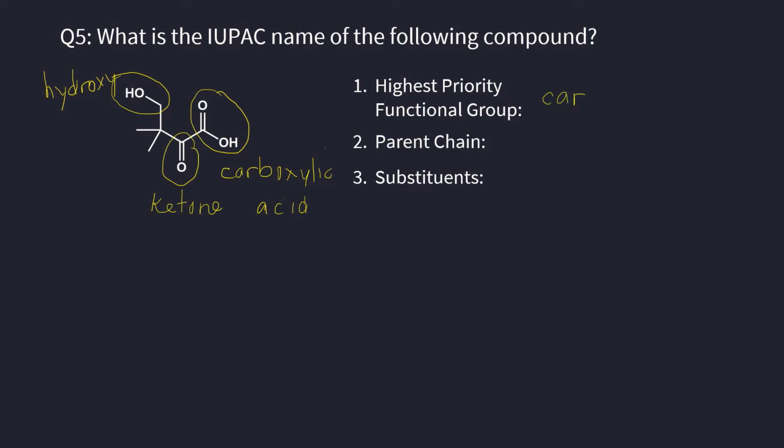And carboxylic acids are at the top of our priority list. So our parent chain must be based on the carboxylic acid, and the rest of the functional groups are named as substituents. The ketone group becomes an oxo group, and the alcohol becomes a hydroxy group.